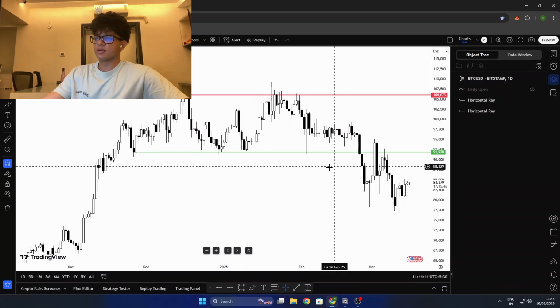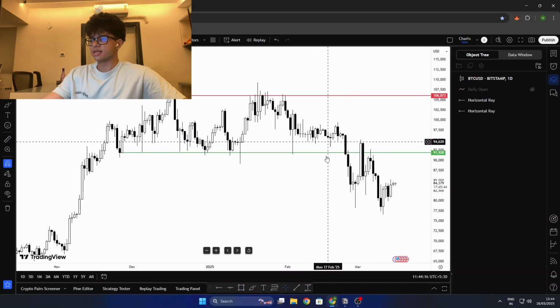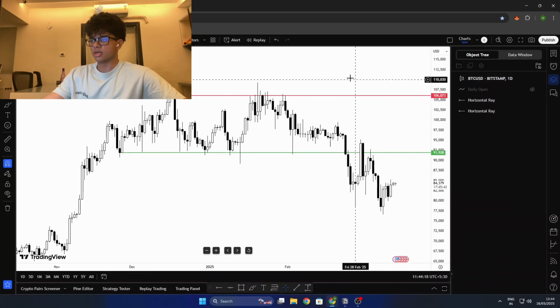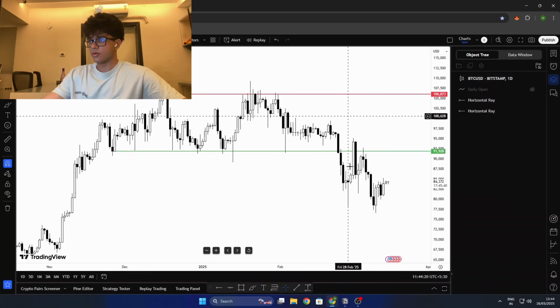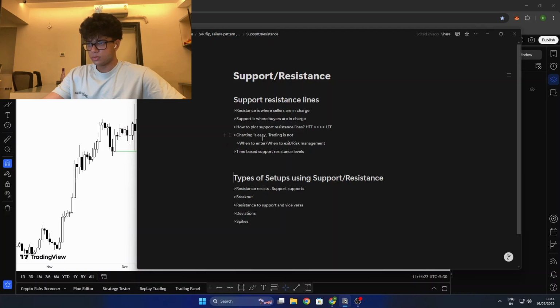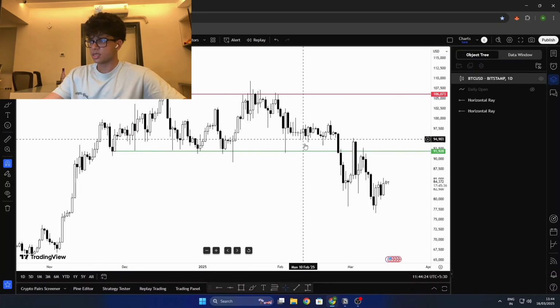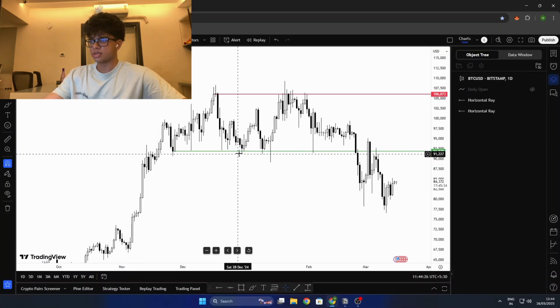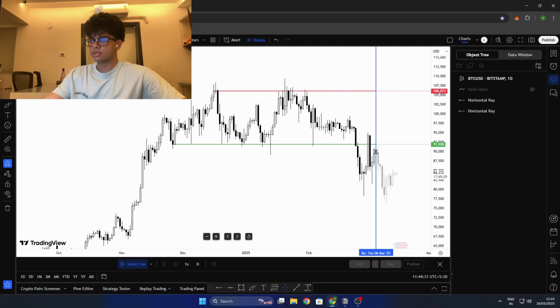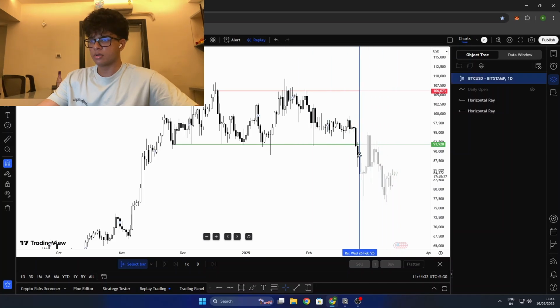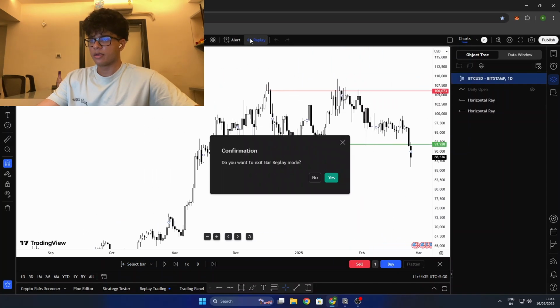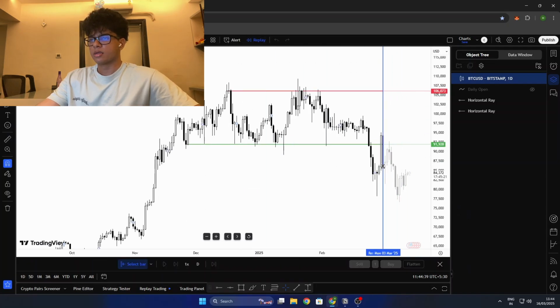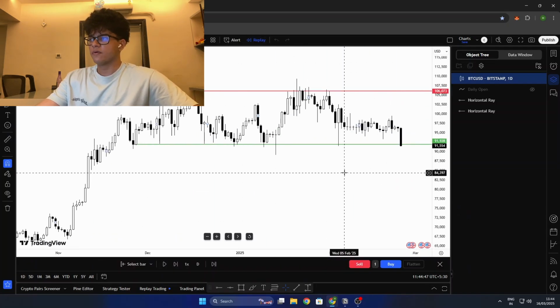Making these levels is pretty easy, but taking the trades when price is here is pretty difficult, right? So for example, let's say we're somewhere here, right? And you see this candle. What would be your first instinct?